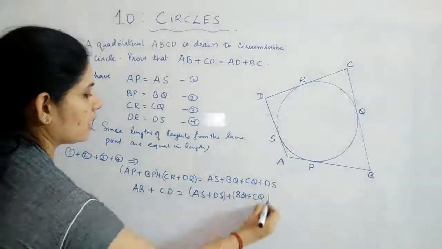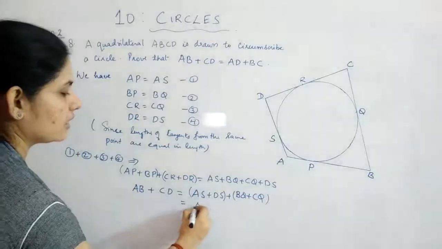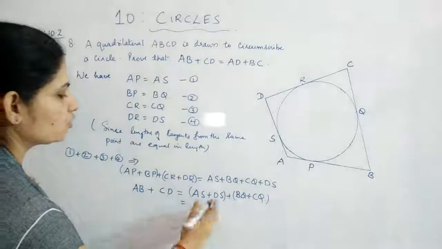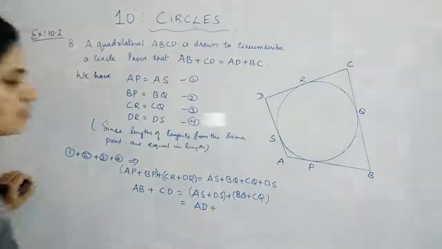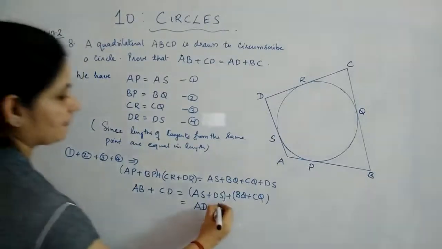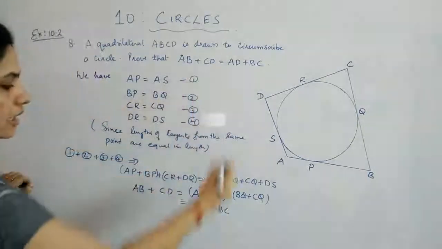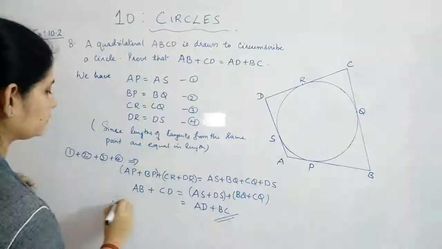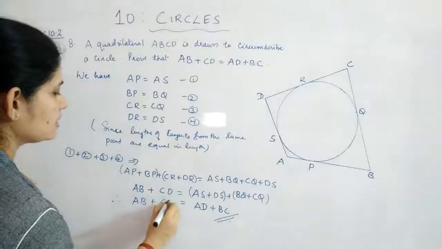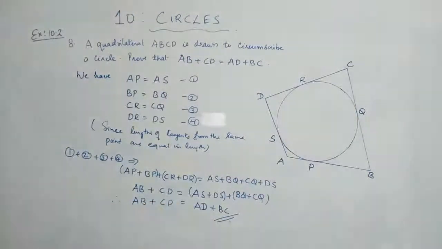Now AS plus DS will give you AD and BQ plus CQ will give you BC. So that is what you need in the right hand side. So you got AB plus CD is equal to AD plus BC.